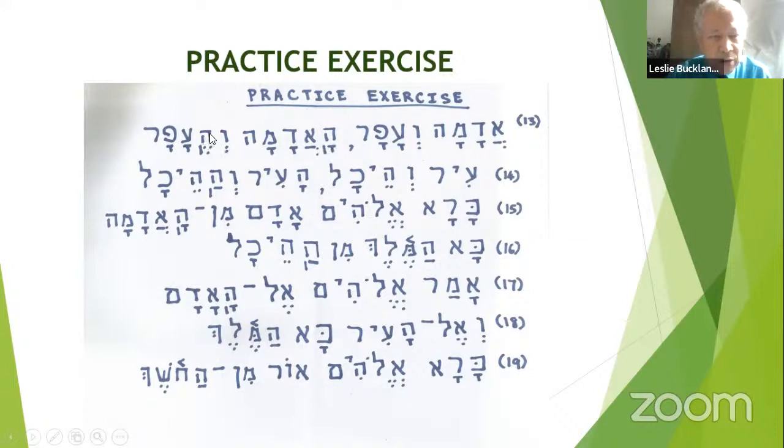Now, in the case of this definite article, it doesn't have the kames as we might expect. This is another guttural letter, which is at the beginning of this noun.